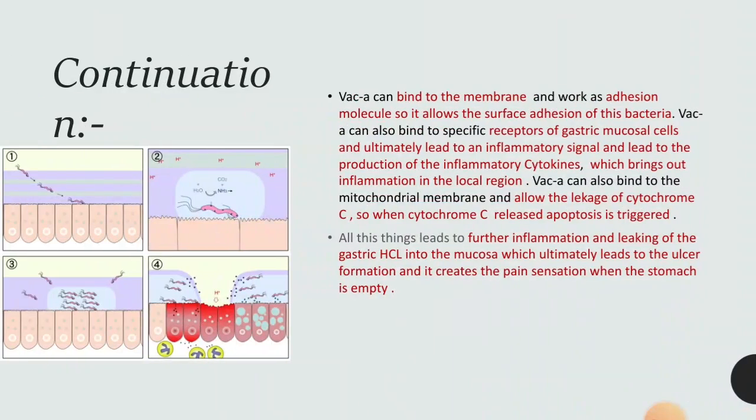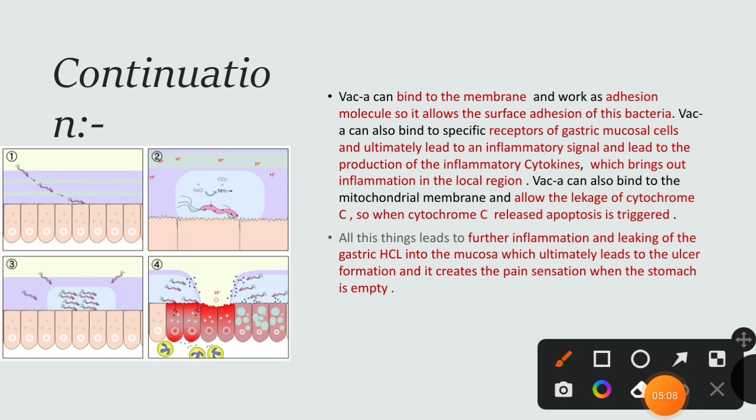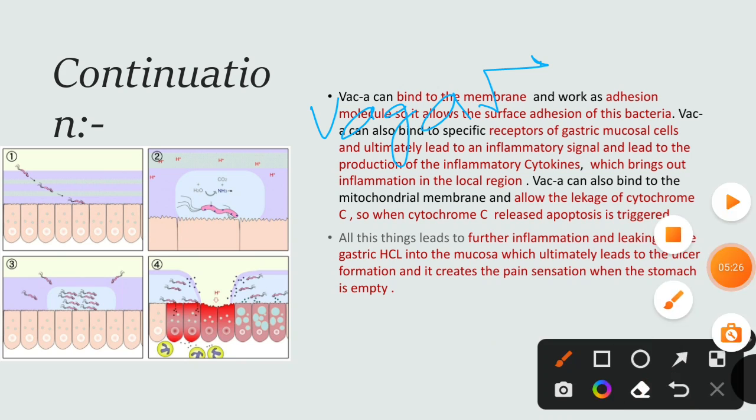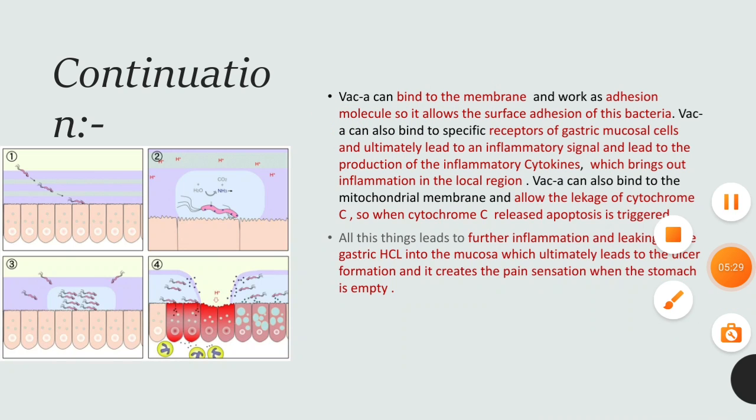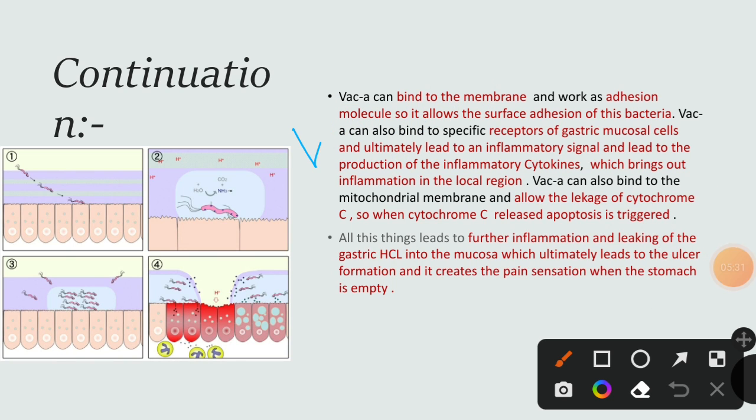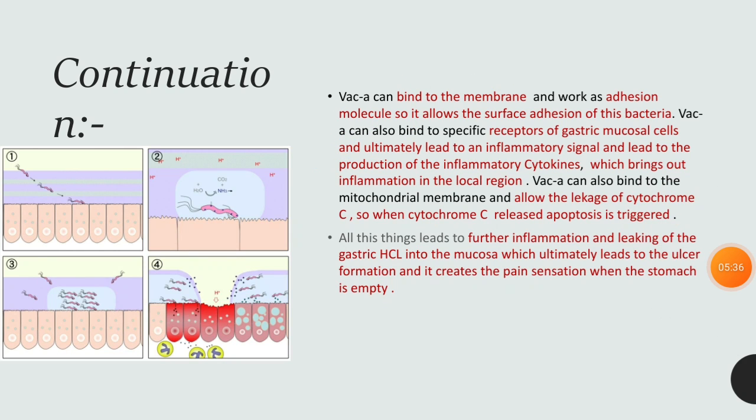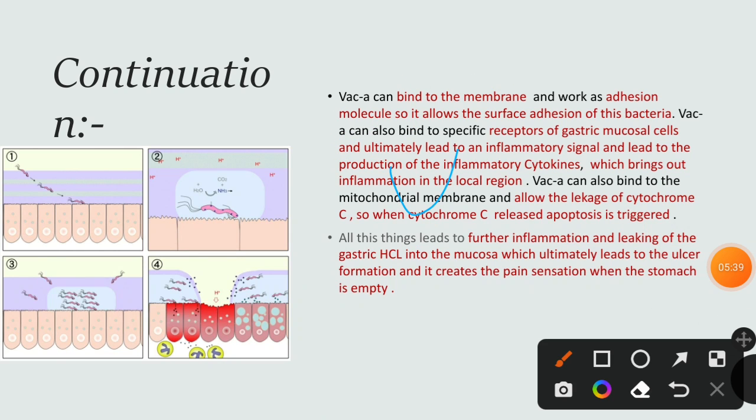Let's see how. VacA itself has three main functions. First of all, VacA binds to the membrane and acts as an adhesion molecule, allowing bacteria to attach to the membrane. The second important thing: once it ensures the adhesion, VacA then also binds with specific receptors present on the gastric mucosal cell.